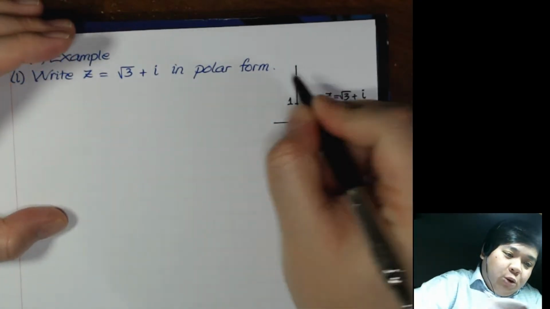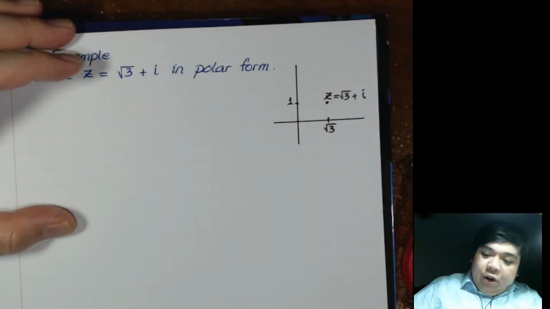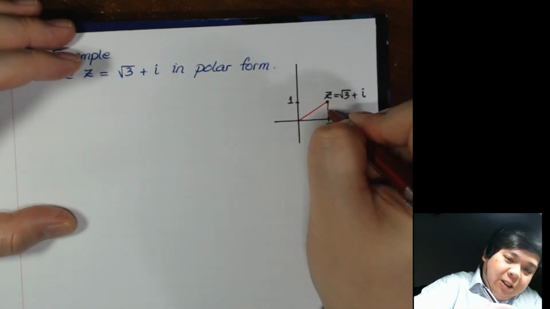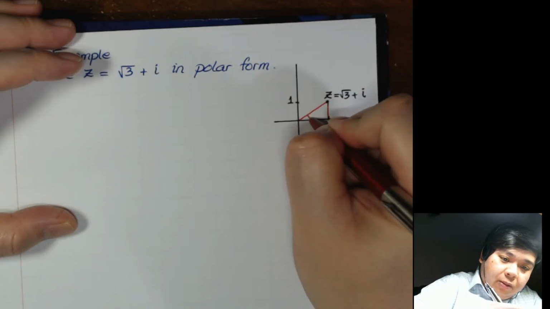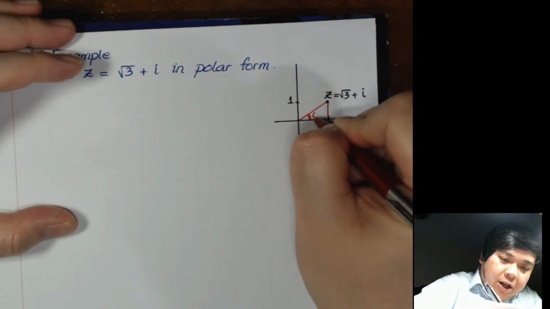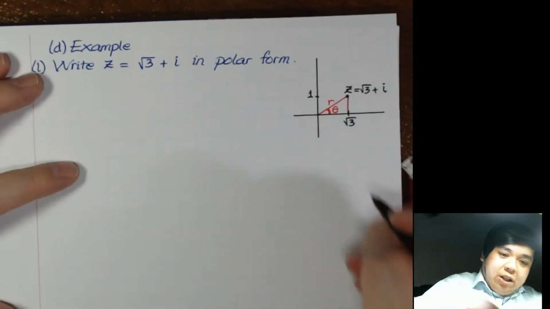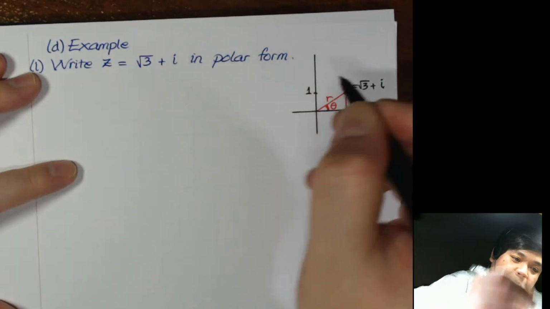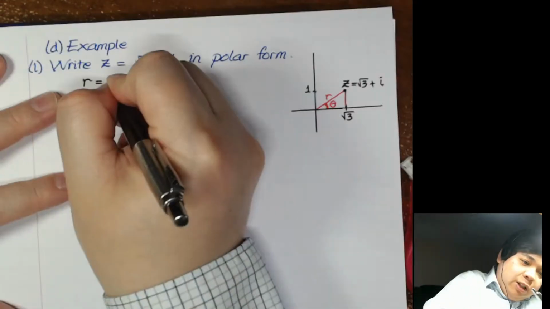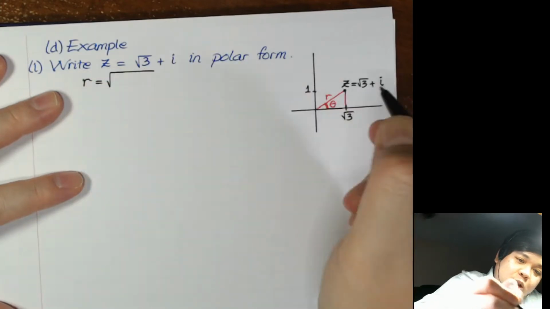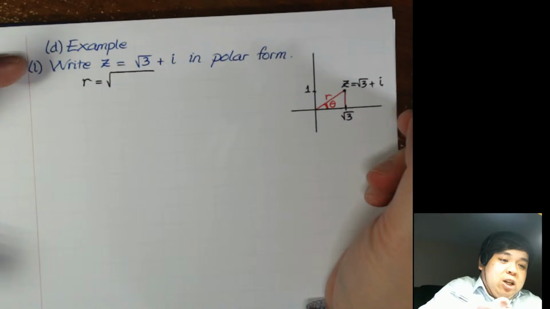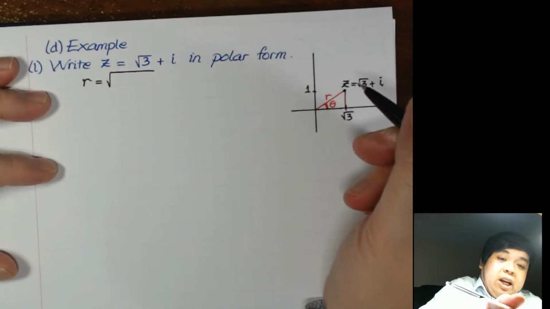So now we try to draw this in polar form. If we can just form a triangle here, and we have theta, and we have R. Obviously, by the Pythagorean theorem, R is equal to the square root of, instead of x squared plus y squared, we can write a squared plus b squared either way.